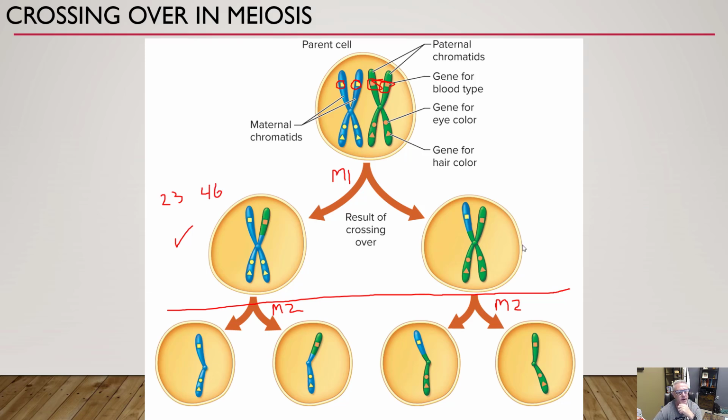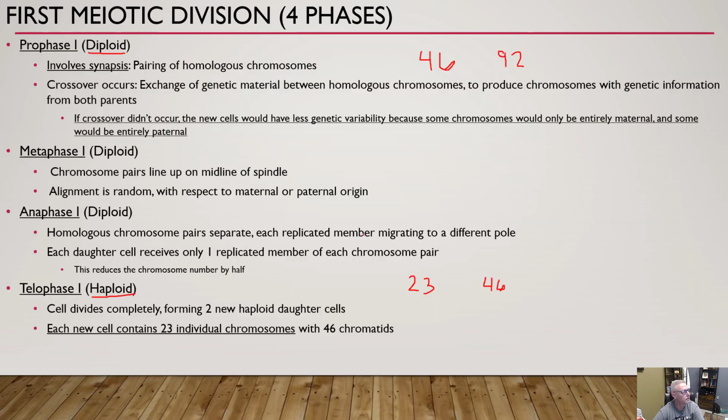So at the end of meiosis 1, the sperm cells should be haploid. If the primary spermatocytes do not divide into secondary spermatocytes, they are going to be diploid instead of haploid.